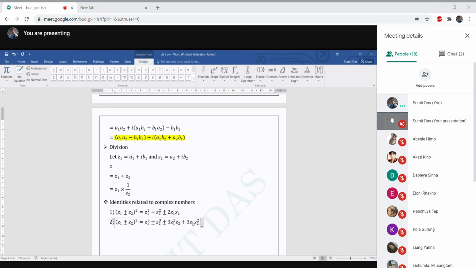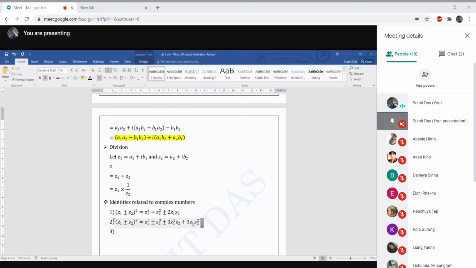Okay, so this is the whole cube formula. Most of you know the a plus b whole cube formula.